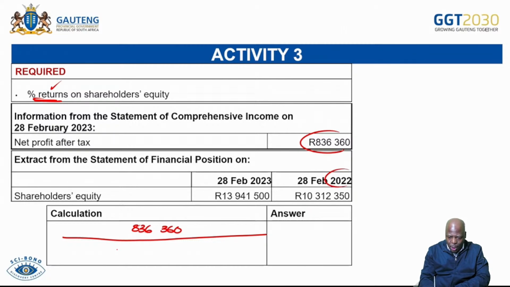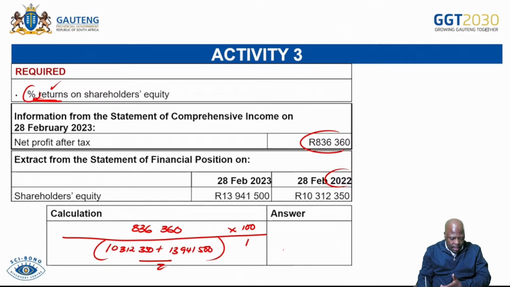I'm going to take the 2022 shareholders' equity, which is 10,312,350, plus my 13,941,500. I add these and then I divide by 2. Remember, I need average. Then I multiply by 100 over 1. It's a percentage return.